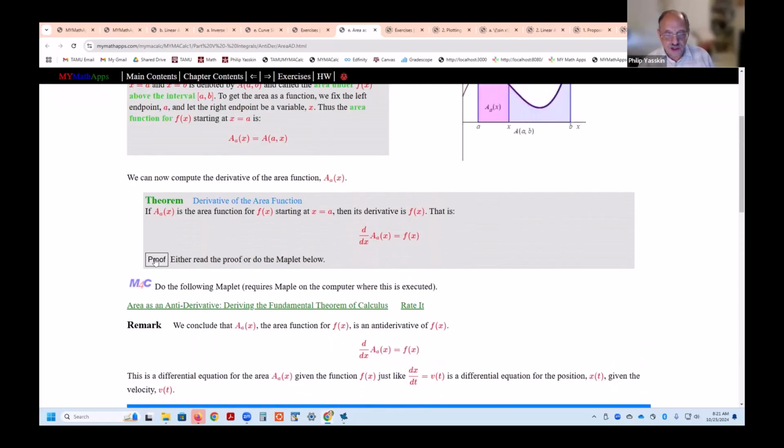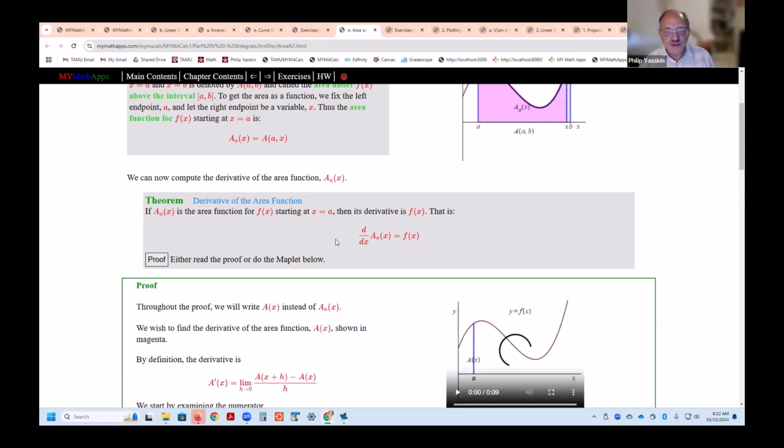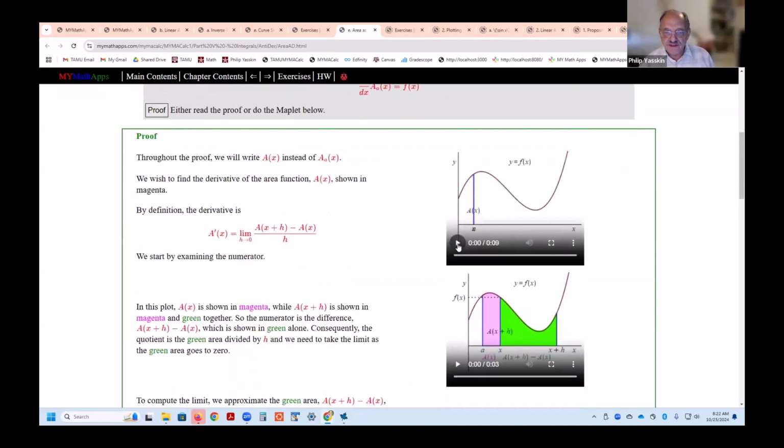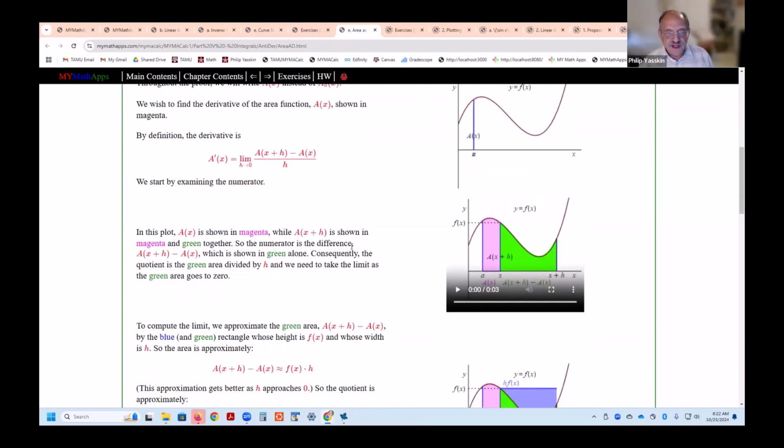So proofs are frequently hidden buttons, so they're available for the better students to read. So here again is the full area function. And there's the formula for the limit definition of the integral. So we want to look at the numerator.